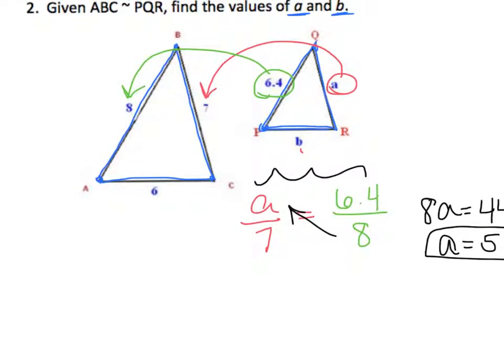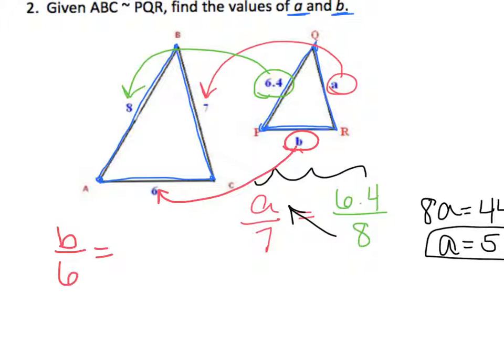And then I got to go ahead and find B, so I'm going to go the same way. So B will correspond to 6, so I have B over 6 equals, and then I just pick two sides. I will usually always pick the sides that are given in the picture in case I messed up A. So in case I messed up A, I don't want to use that to find out the third variable.